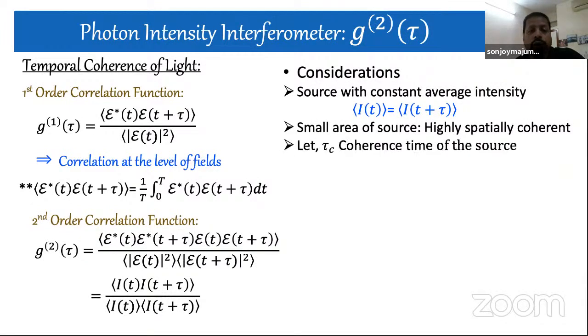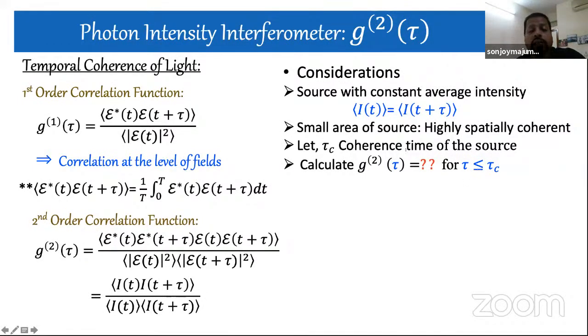If you maintain these two constraints, we can look at the coherence time of a particular source, and we can try to find it out by calculating the G2 value. This is also popularly known as G2, that is, the second order correlation function.